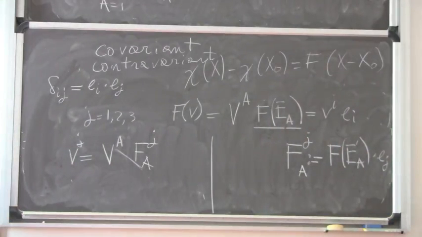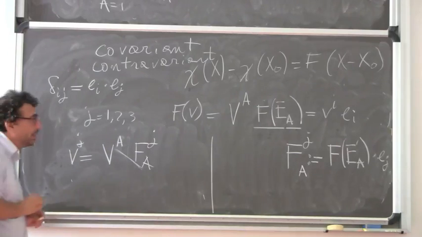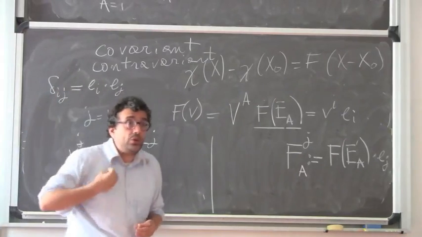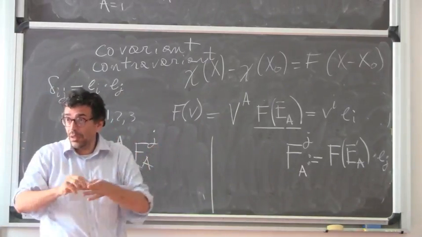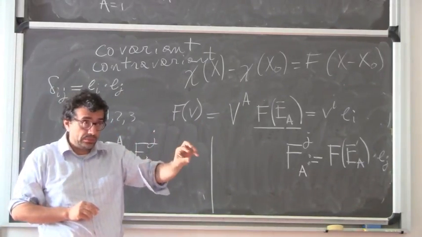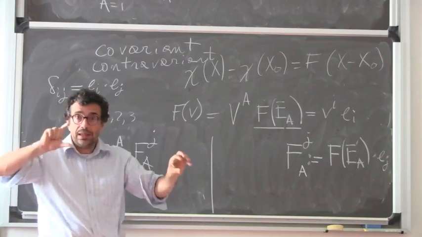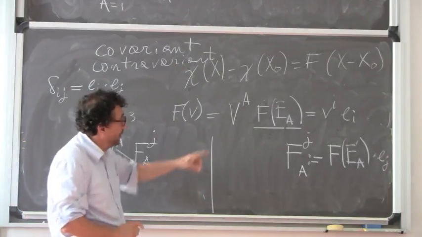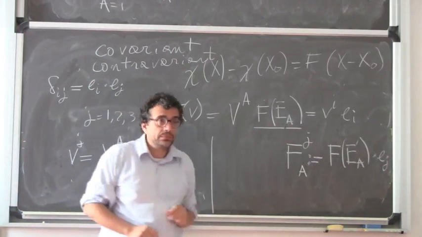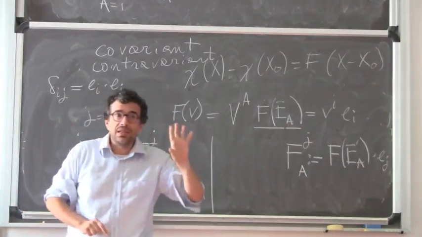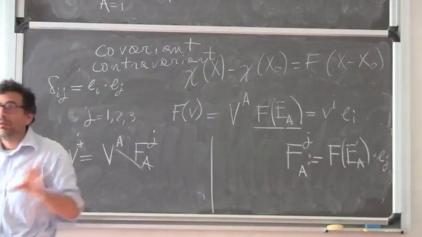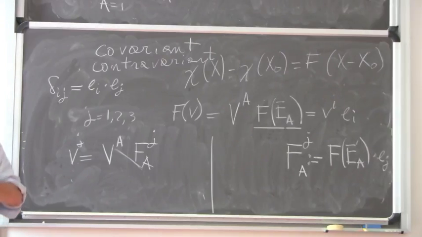So let us think about what we're doing. You give me two bases, e_i and capital E_A: one basis of the first vector space and another basis of the second vector space.